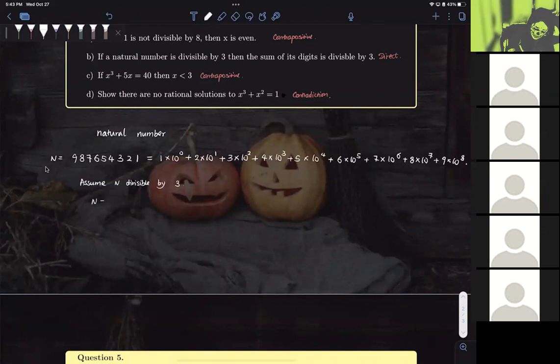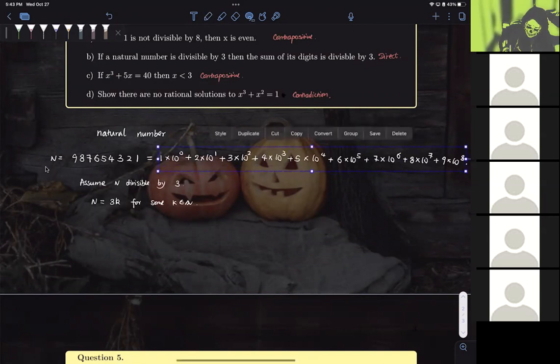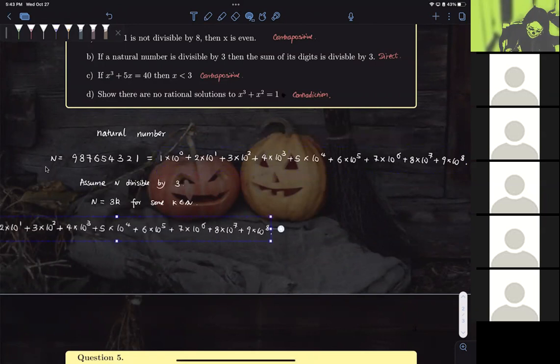Then you can write n as 3k for some k in natural numbers. Okay, and you know this whole thing equals n, which equals 3k.